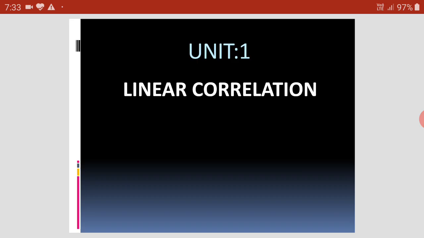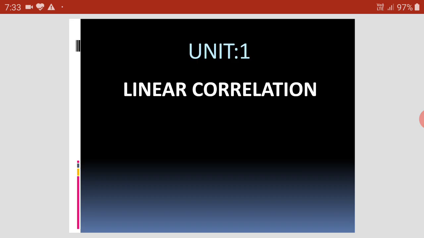Linear correlation is a new chapter for non-statistics students in standard 12, but here it is the same chapter related to standard 12. If you adopted statistics, then we study the similar chapter here.